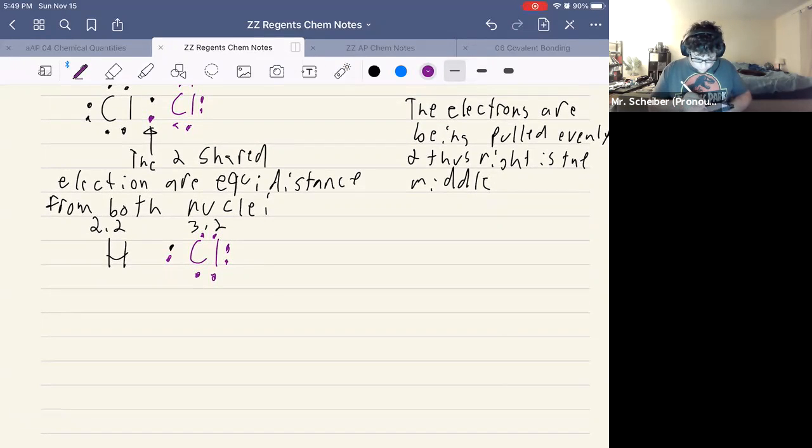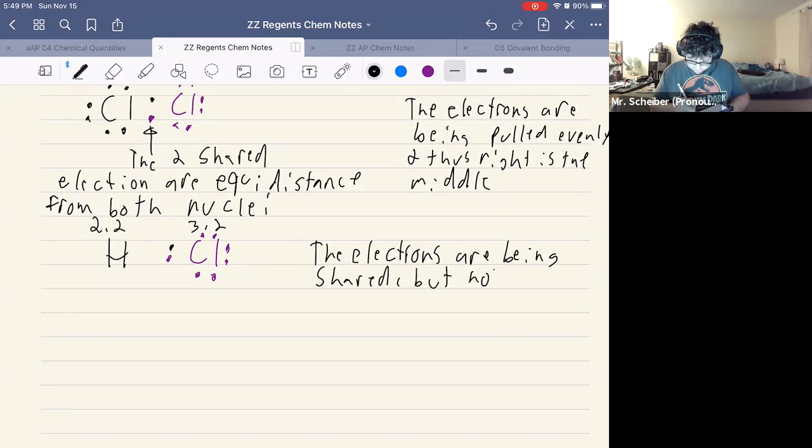So what we can say is that the electrons in H and Cl are being shared, but not shared evenly. Right?